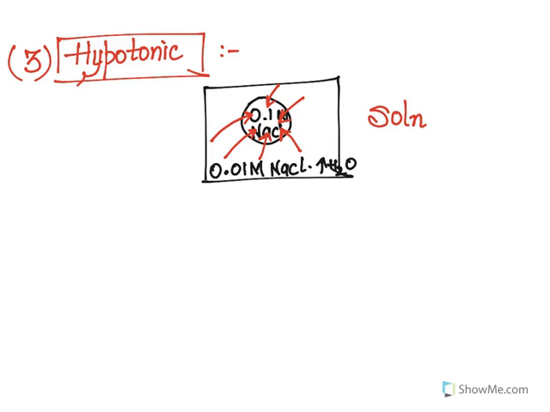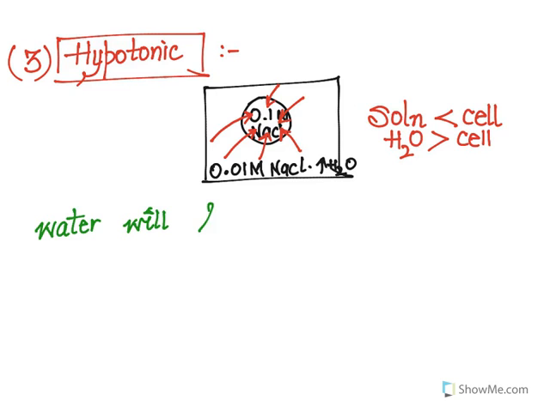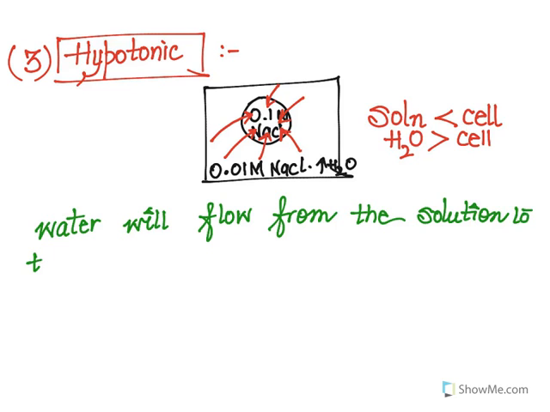So the solution's concentration of solute is less than that of the cell. Hence, water is greater in the solution as compared to the cell's water. So what will happen here? Water will flow from the solution to the cell.